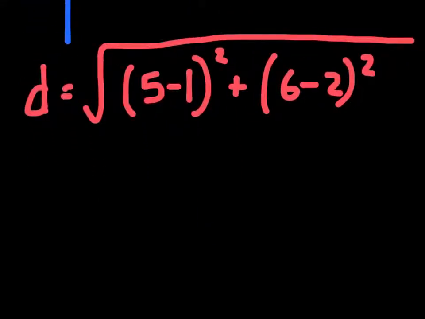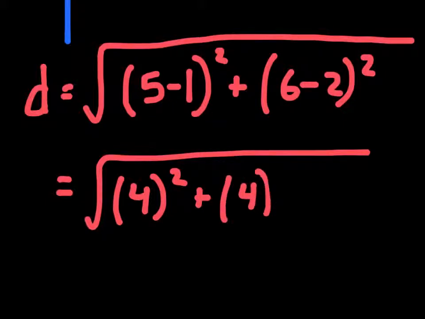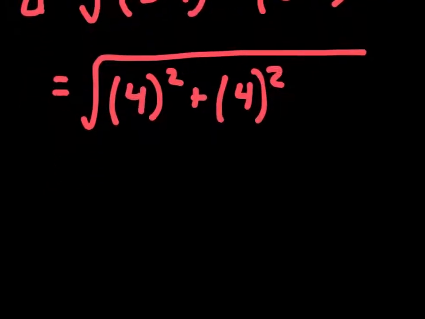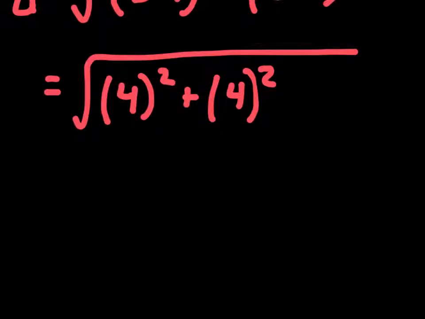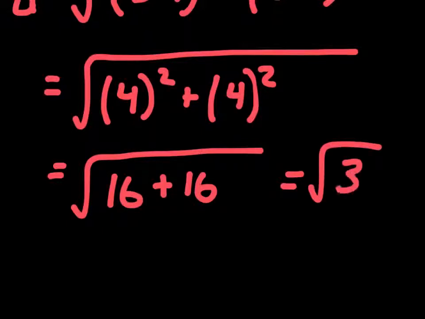Solving this out, we get distance is equal to the square root of 4 squared plus 4 squared, which is equal to 16 plus 16, which is equal to the square root of 32. So the distance between points A and B is the square root of 32.